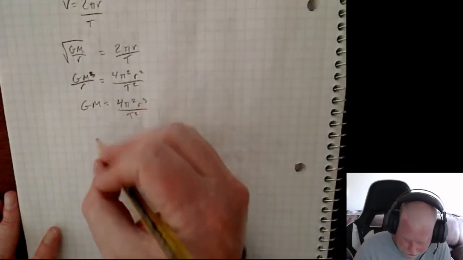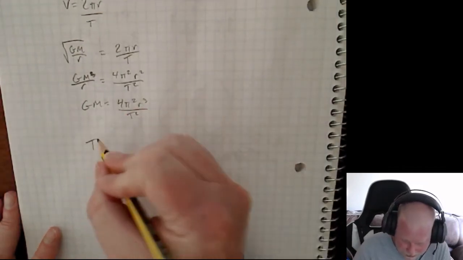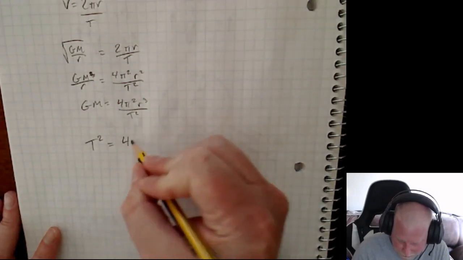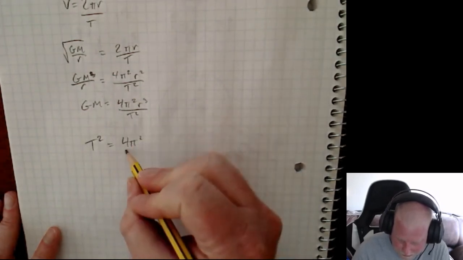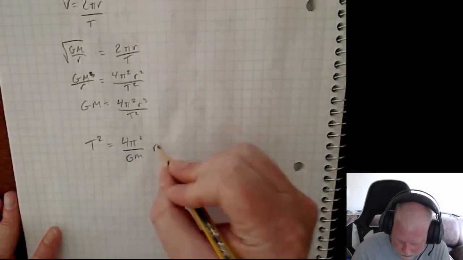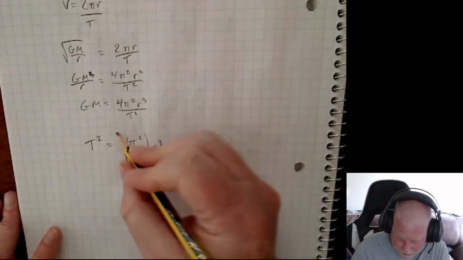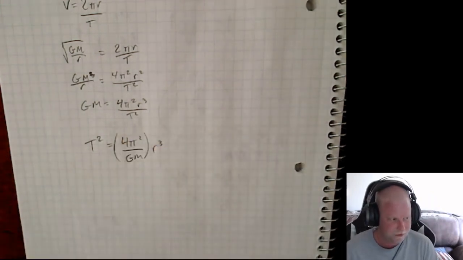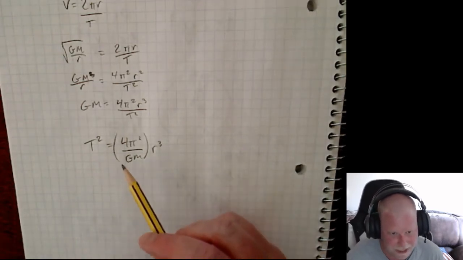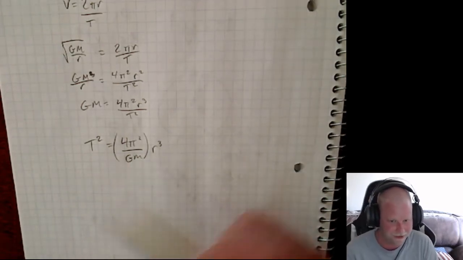Or if we go even further, we can say that period squared is equal to 4 pi squared over GM times r cubed. Right, so this would allow us to calculate the period of anything that is in a circular orbit.